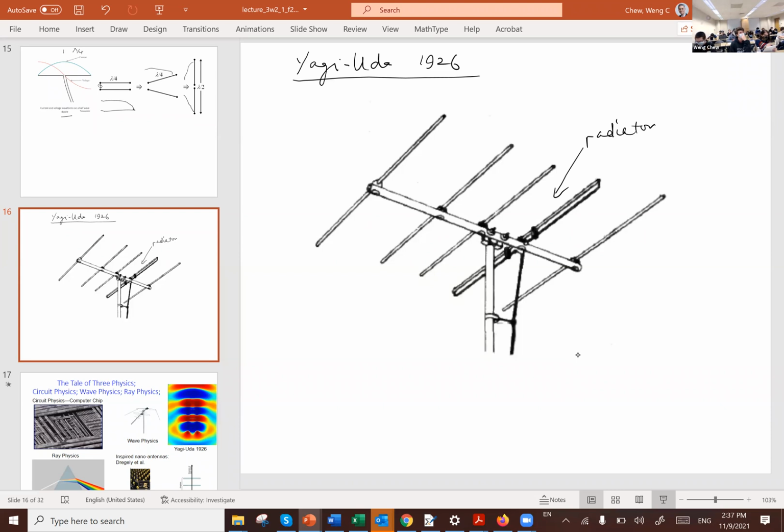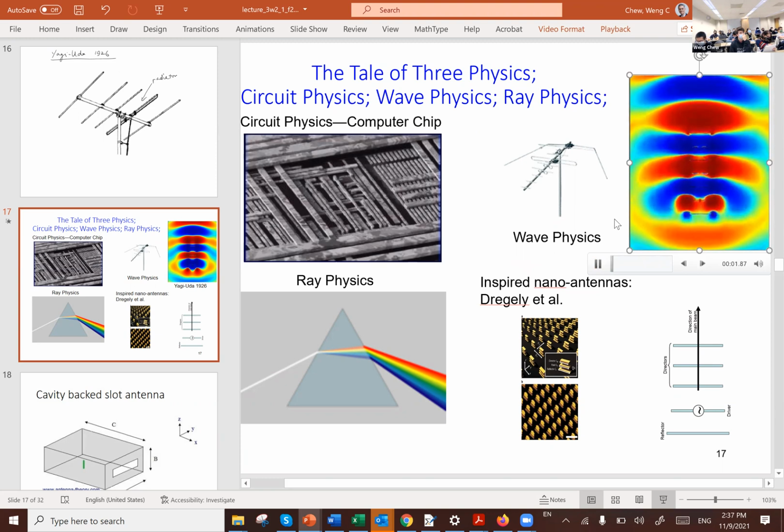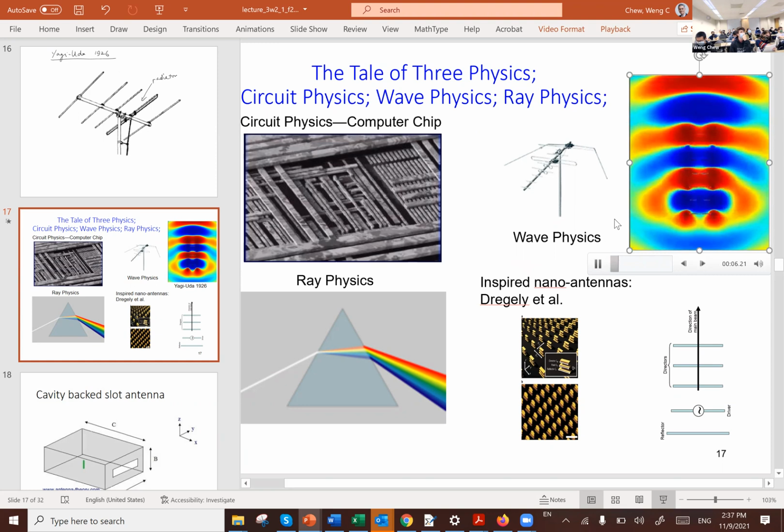So if you don't believe it, seeing is believing. So I had my students simulate this antenna many years ago. I hope it works. Oh yes. Yes. You see, I'm kind of dumb on this kind of thing. Okay. So it starts to simulate.